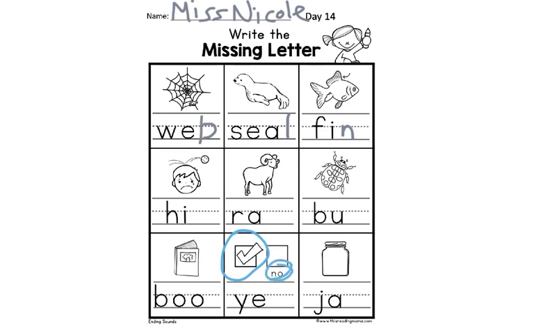This one says no, but they put a check mark in yes. Yes. And this last picture is a jar. Jar. Once you have completed all of the missing letters, make sure to color in your pictures.